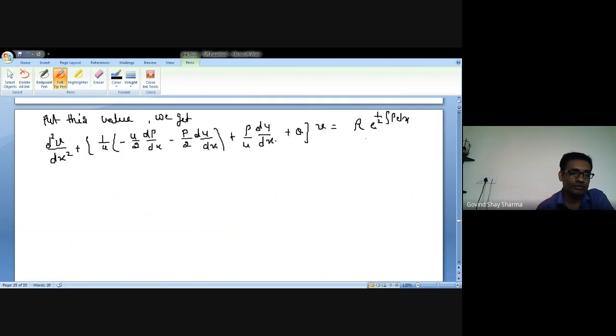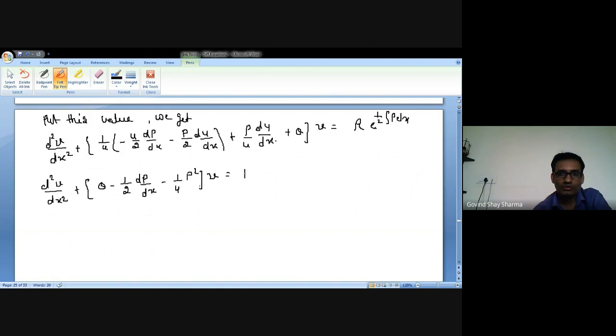Okay. Now we multiply inside, so this becomes d2v upon dx2 plus q minus half dp upon dx minus 1 by 4 p square is equal to r e to power half. This is the way.